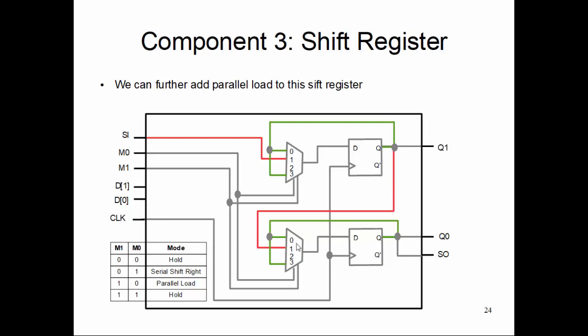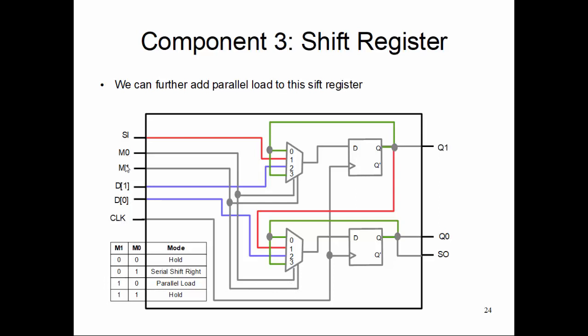Now parallel load, which is 1 0, terminal 2. We connect D1 to terminal 2 of the upper multiplexer, and D0 to terminal 2 of the lower multiplexer. Then in this mode, if M1 equals 1 and M0 is 0, D1 will be loaded into the flip-flop for Q1, and D0 will be loaded into the flip-flop for Q0.